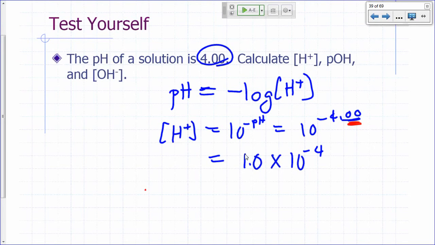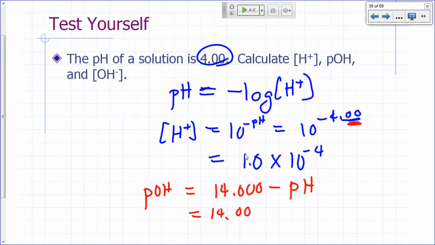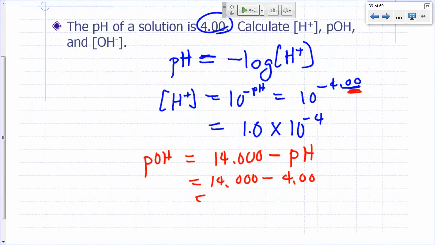What is my pOH? pH and pOH add up to 14, so it's 14.000 minus pH. 14.000 minus 4.00 gives me 10.00.